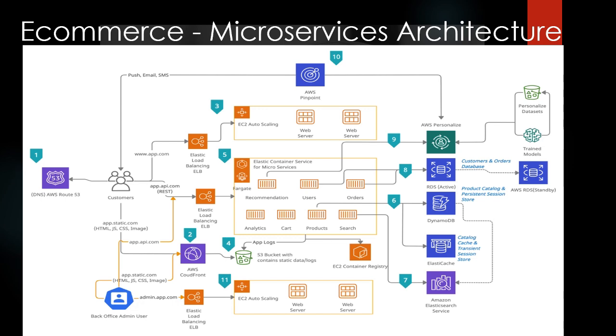So here we are using Amazon Route 53 as a domain name service, and then the request goes through the Elastic Load Balancer. Like I mentioned, the load balancer helps the user requests to be distributed across different web servers if there are multiple users.